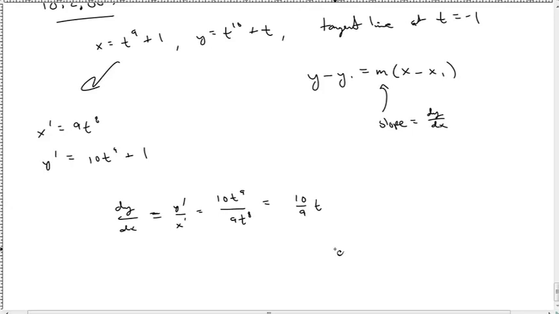Is that what I got? Actually, I think I flipped them. No, that's fine. I'm looking at my notes here, and I flipped my notes around. Well, you actually get the same answer in the end, which is kind of weird.